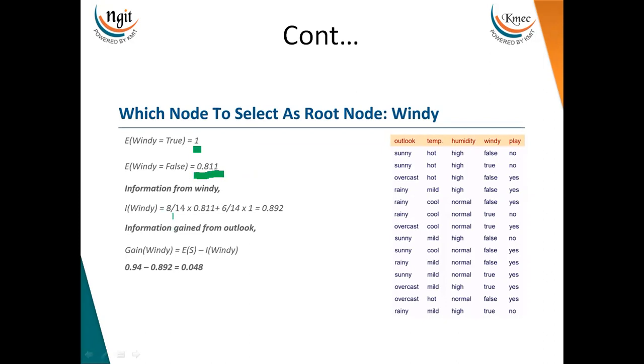Then when we are applying the weighted average of it, we get 0.892. Okay, and now that should be subtracted from the entropy of the whole data set, and 0.048 is the information gain of wind.